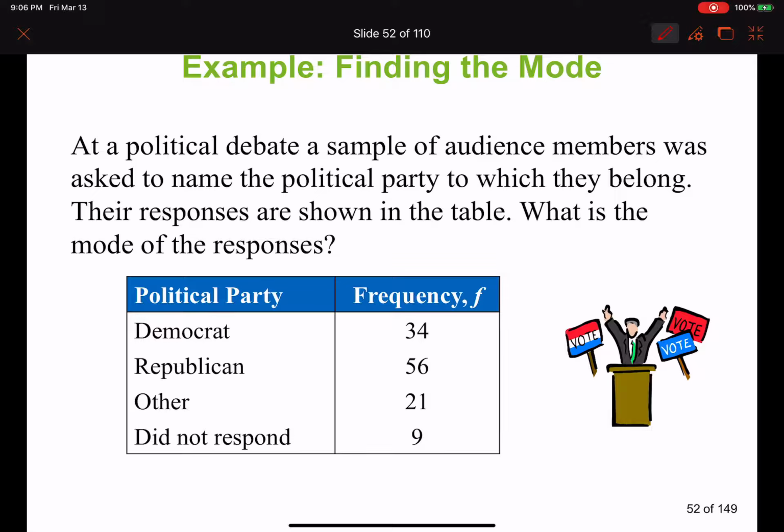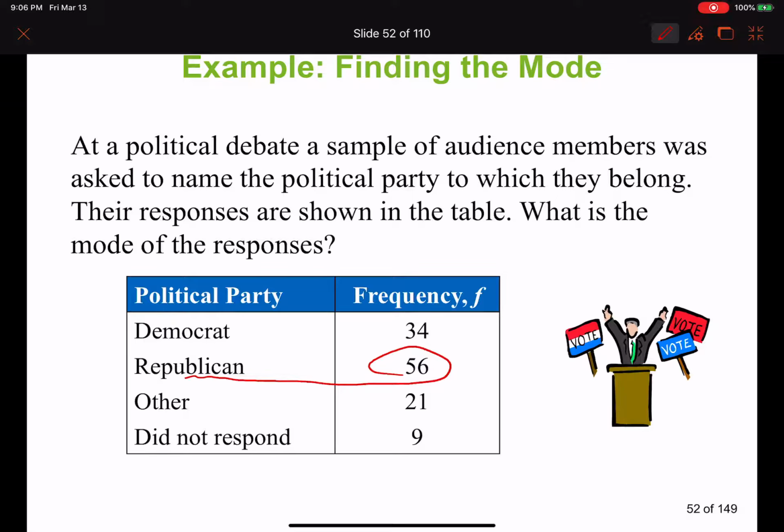Now, because those are frequencies, which means 34 times was mentioned Democrats, 56 times was mentioned Republicans. So this is a mode, right? Each one of them is a mode. Which number is repeating the most? Of course, it's gonna be Republican, right? 56. So the mode in this case is gonna be 56. Why don't you consider bimodal? Because no other number repeats itself 56 times.